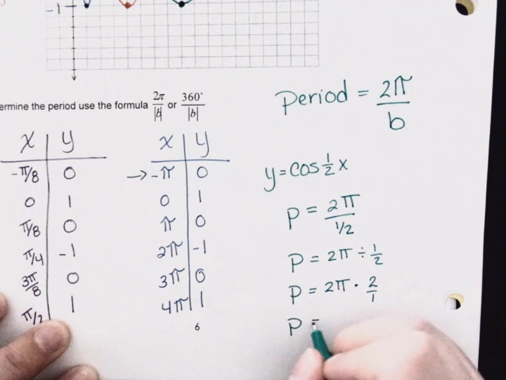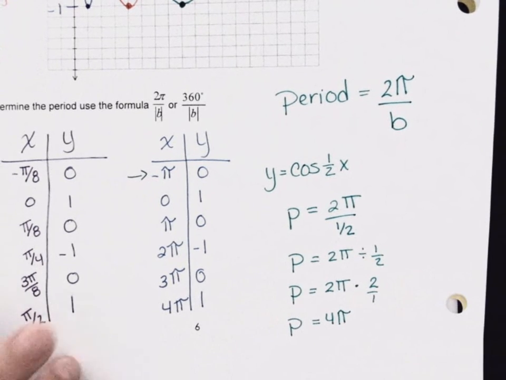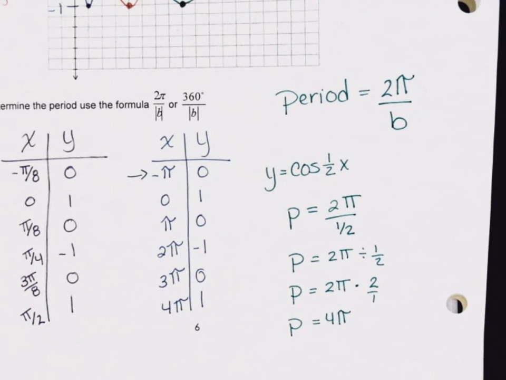What's my period? 4 pi. So you can math it out. If I gave you an equation and asked what's the period, you don't have to graph it. You can math it out to find the period.